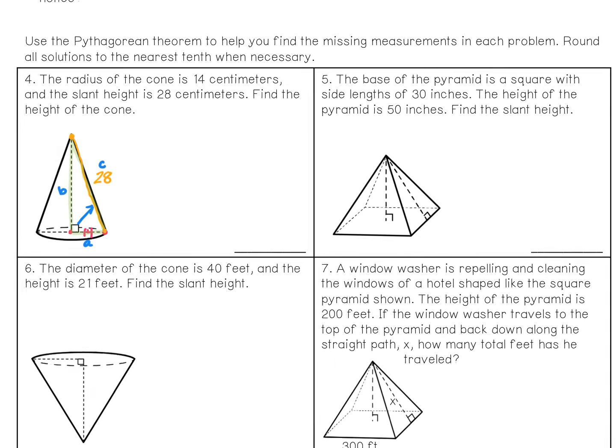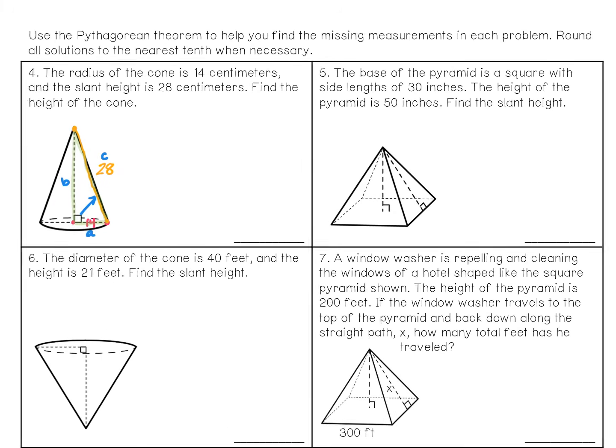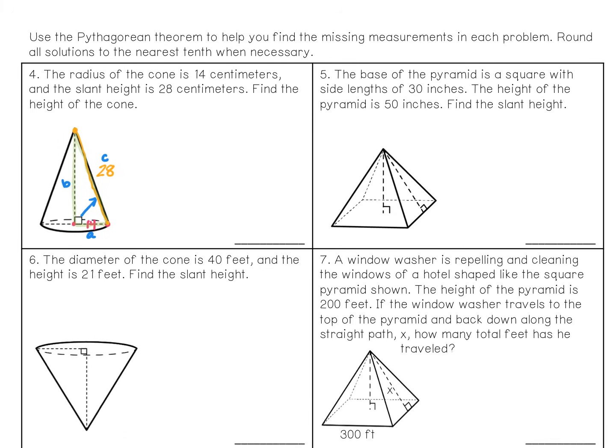So now we can use the Pythagorean theorem, or a squared plus b squared equals c squared, to help us. So a squared is 14 squared. We don't know b squared, and c is 28.